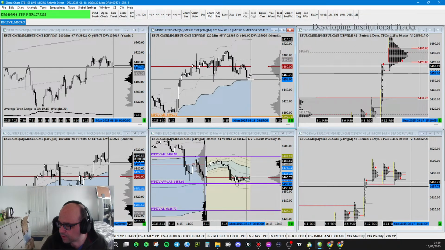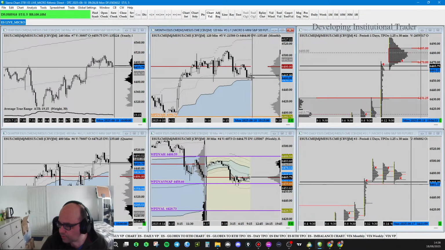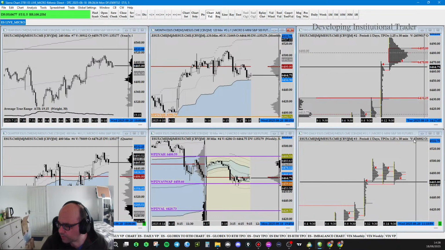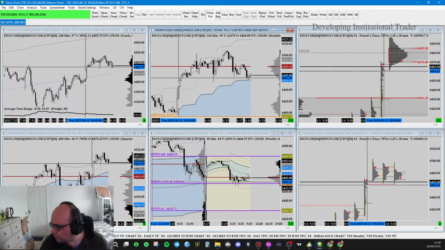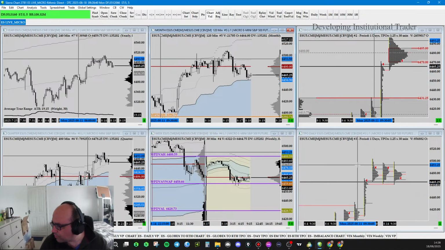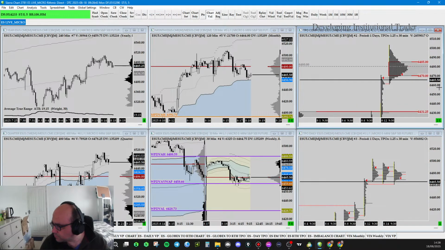You see the monthly DVA high, the weekly previous DVA VWAP, the quarterly 1.5, and there is also a POC, the POC of the 12th of October. We'll see how this is going to play out.